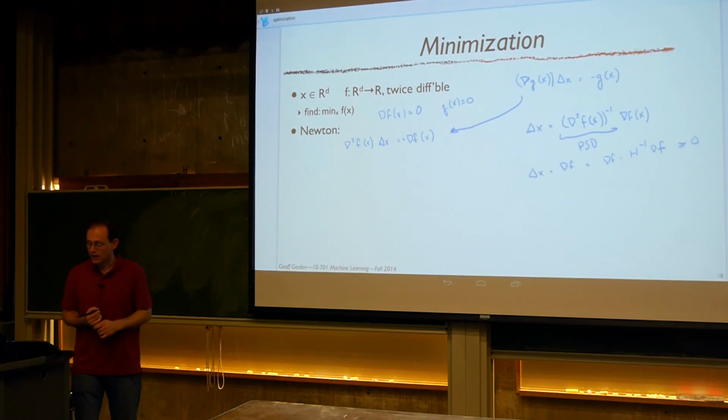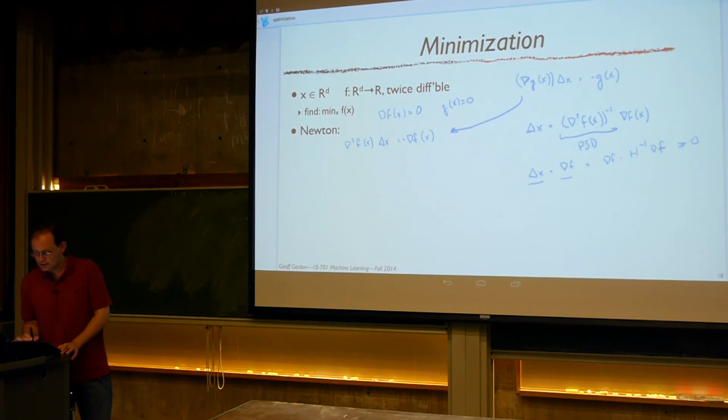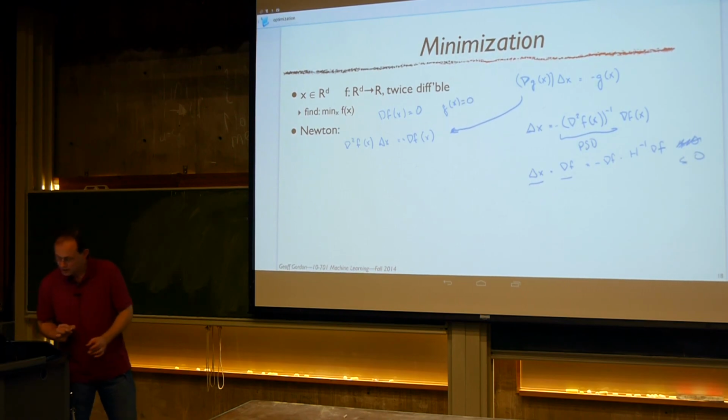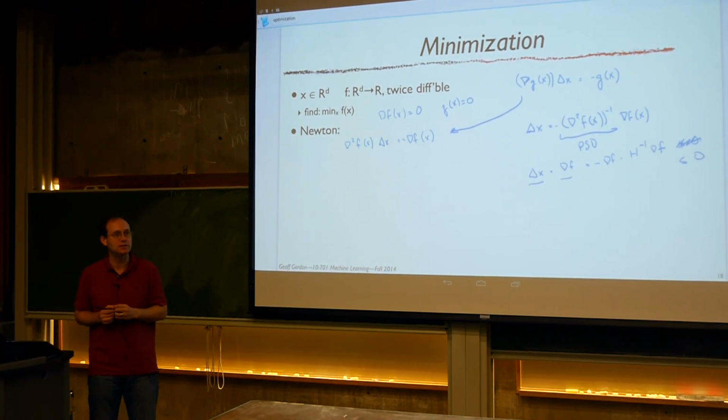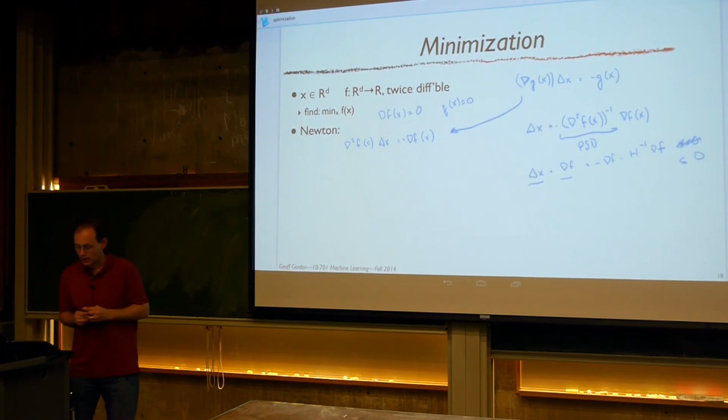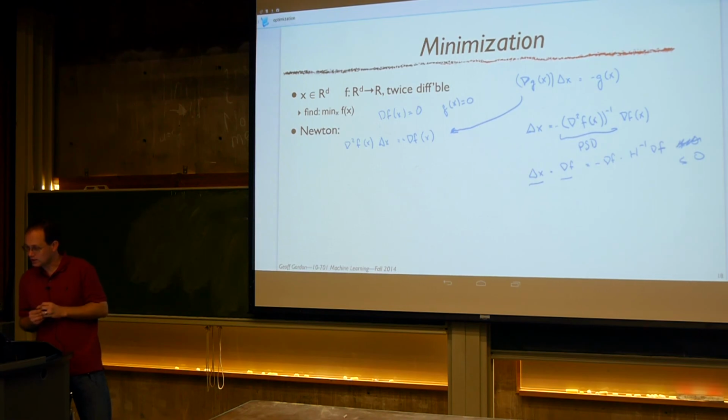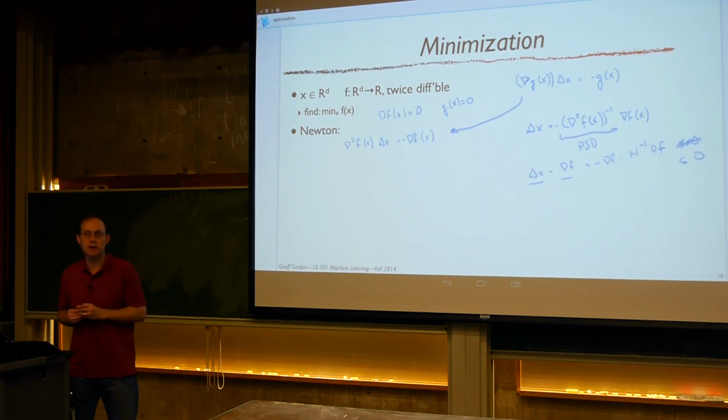Sorry, there should be a negative sign, so that's going to be less than or equal to 0. That means the dot product between our update and the gradient is nonpositive, so the update is a direction in which f is decreasing, because the directions that f is decreasing are exactly the ones where the dot product with the gradient is negative. And so Newton's method is what's called a descent method. It picks a direction in which your function is decreasing, and it steps along it. That turns out to be useful, but I'm not going to have time to get to why in this lecture. So we'll continue with Newton's method next time around.